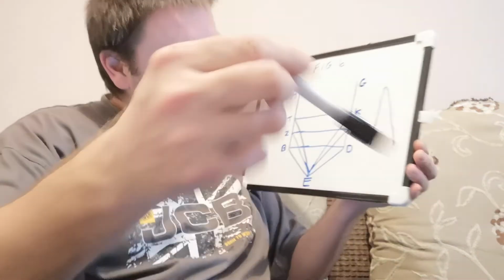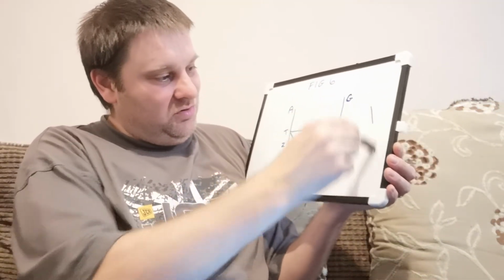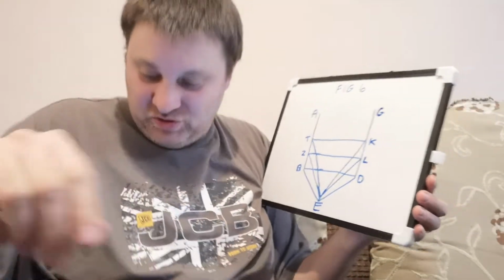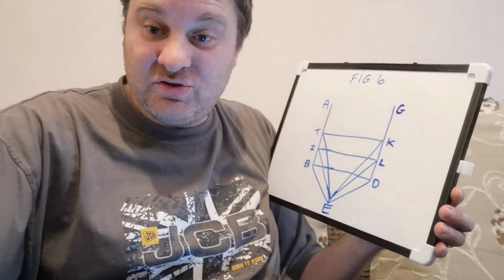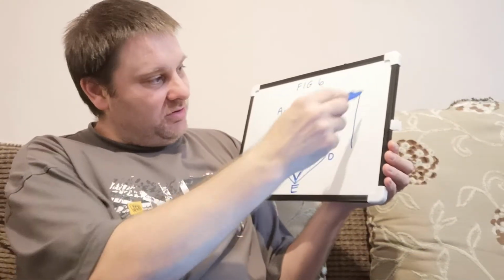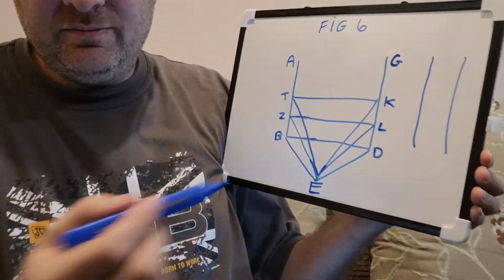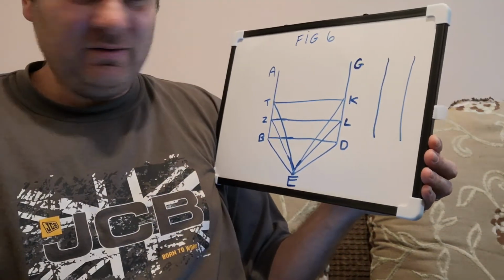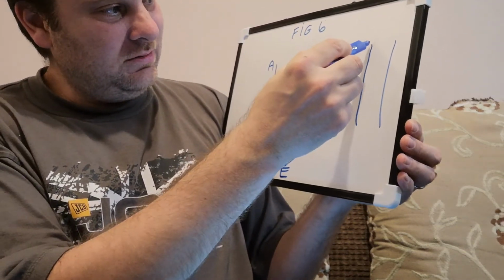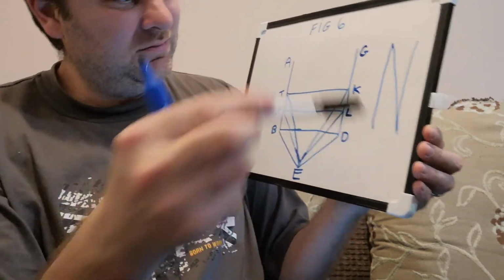So we know that they don't do that in reality. They only appear to do that because of the geometry of vision. So we know there's a geometry to our vision. We know that the lines are just basically two lines.